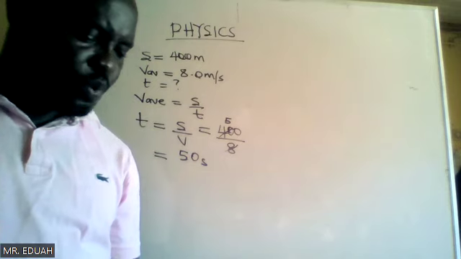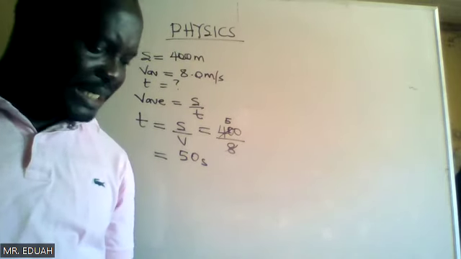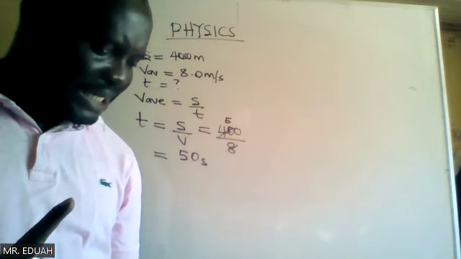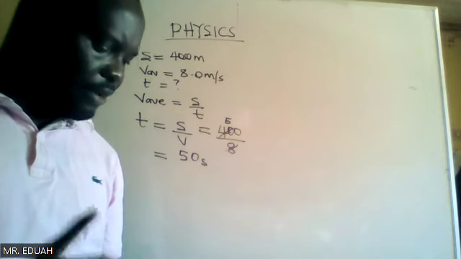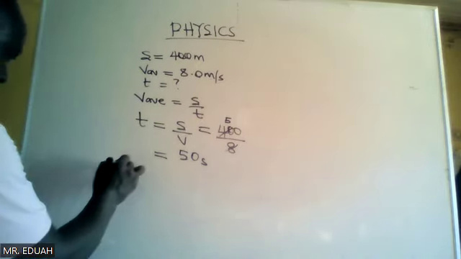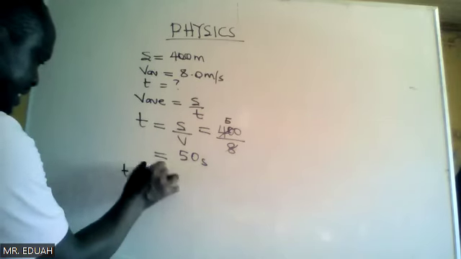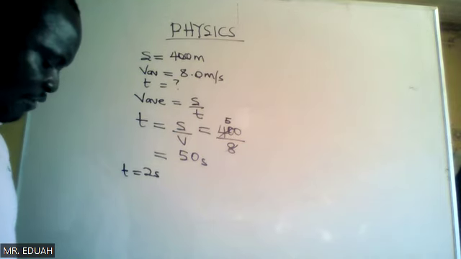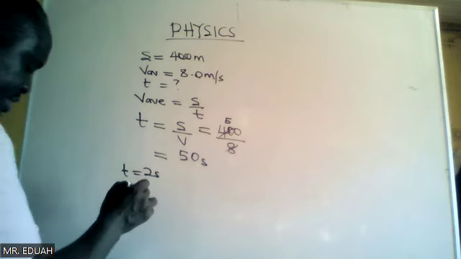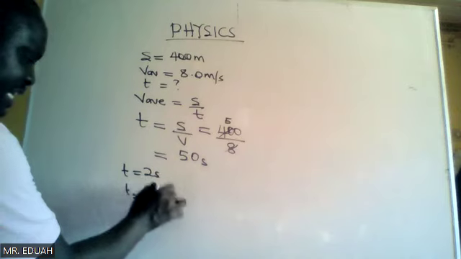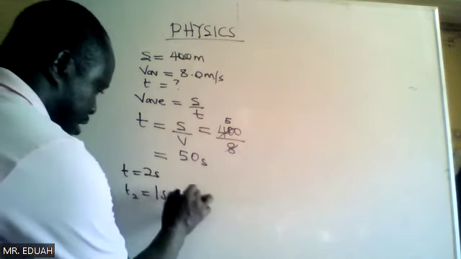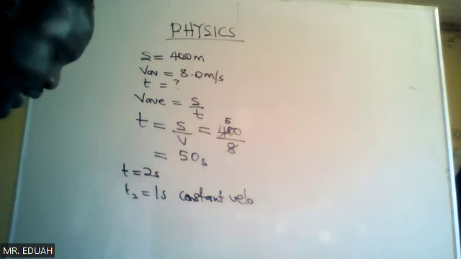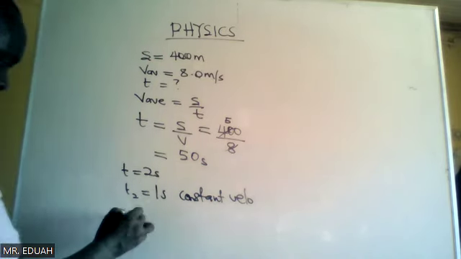Then question 2: which graph best represents the relationship between velocity and time for an object that accelerates uniformly for 2 seconds, then moves at a constant velocity for 1 second, and finally decelerates for 3 seconds?